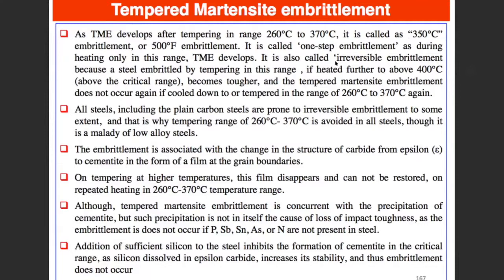This irreversible embrittlement is a very confusing name, because to me, irreversible embrittlement implies once it's embrittled, you can't fix it, right? But what it really says is if you heat it up above the temperature, it goes away. And then if you cool it back down, it doesn't come back, right?